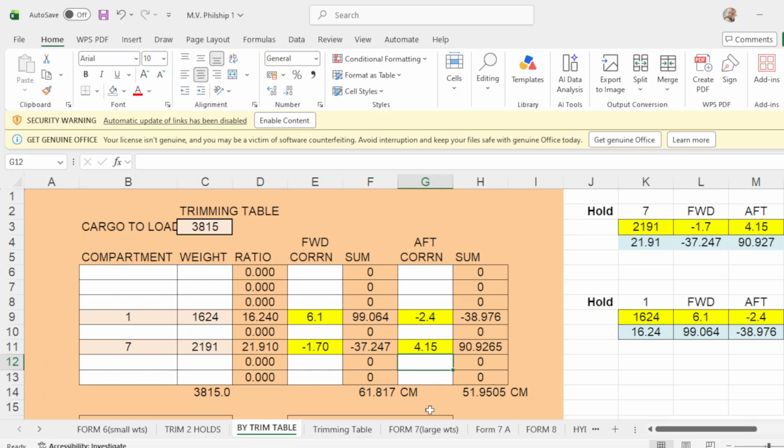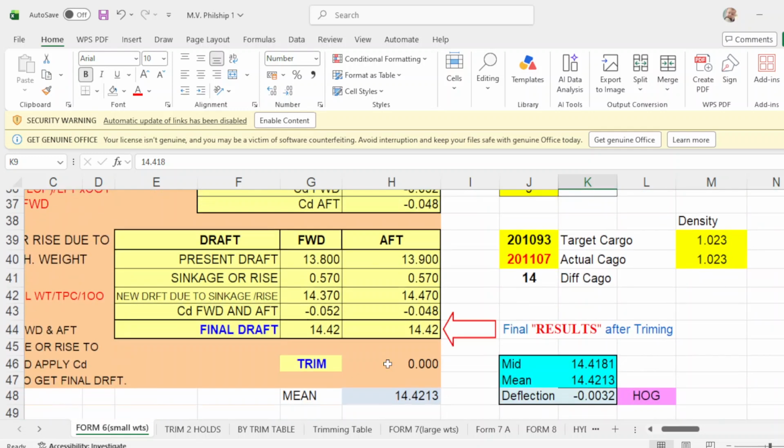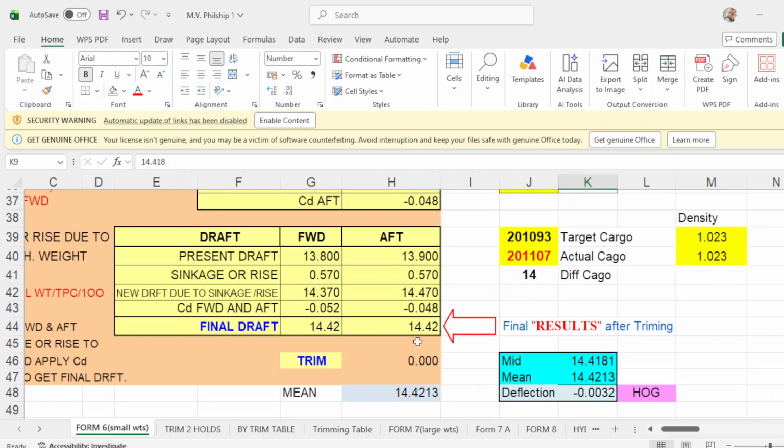So you go to the trimming table for correction. This is the vessel, this is hole number 1, this is the drop. We will use this 14 meters because your departure drop is almost 15 or 14 meters.